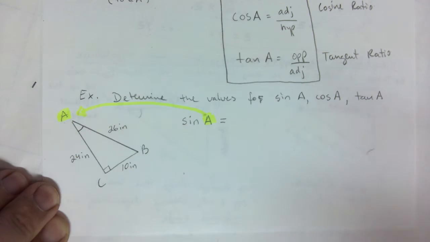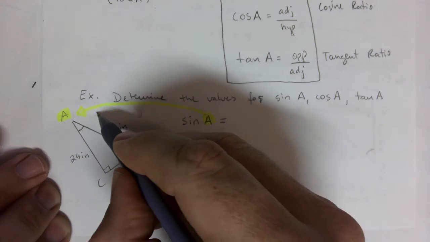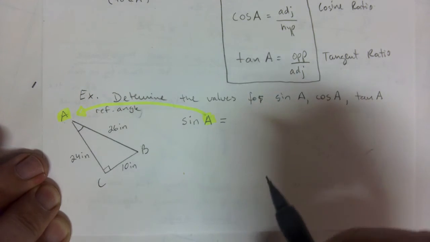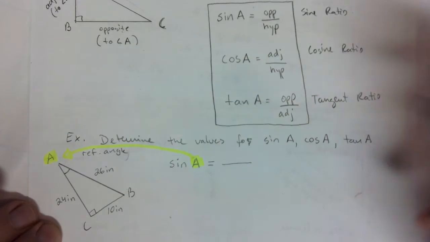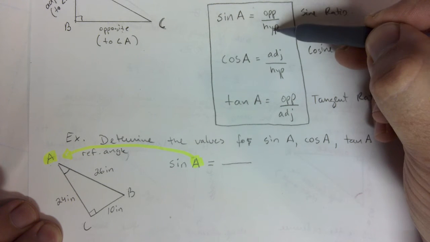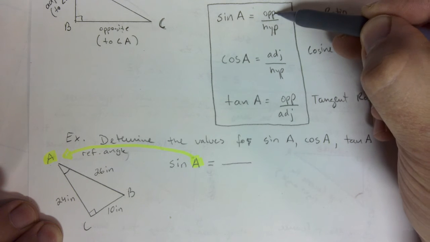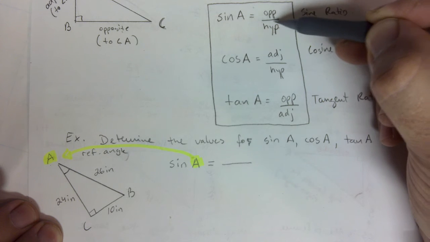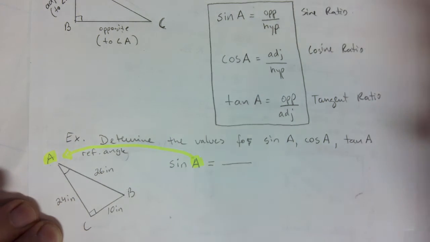That's where you go and make the mark on the triangle. We're considering A as the reference angle. So sine of A, we know, is opposite divided by the hypotenuse, in that order, no exceptions. Opposite first, hypotenuse second. And if you recall, hypotenuse is the longest side, so sine of A should have the longest side at the bottom, right?